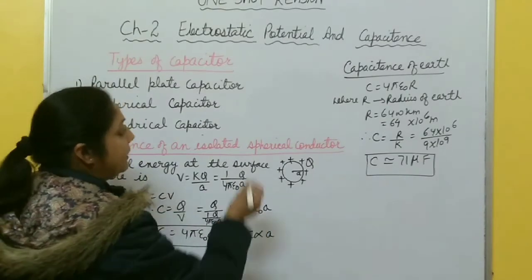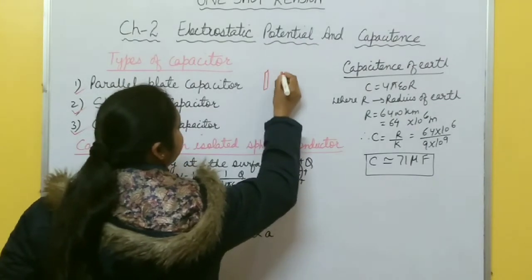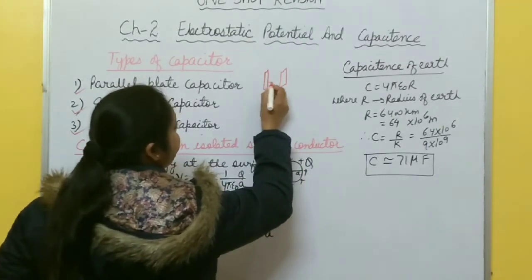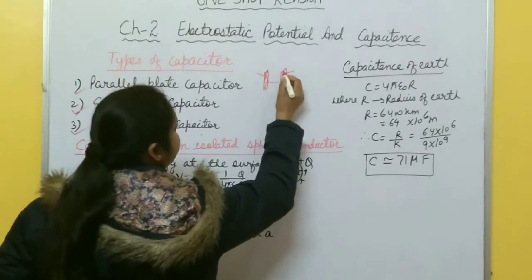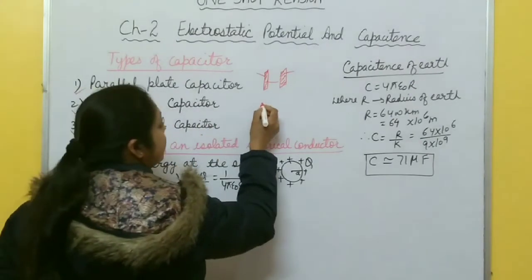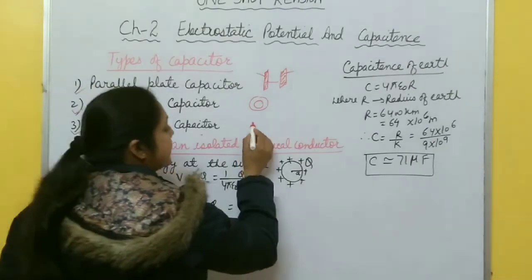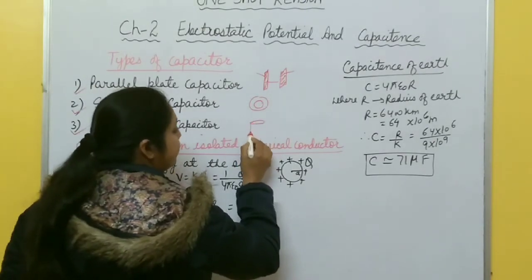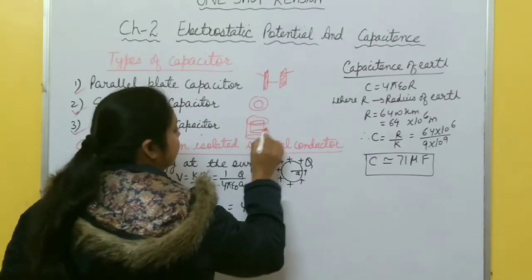In case of a parallel plate capacitor, two parallel plates are there separated by some distance. These two are parallel plates, right? And this one is a parallel plate capacitor. In case of a spherical capacitor, two spherical plates are there, right? In case of a cylindrical capacitor, there are two plates, but these are of cylindrical shape, like this one, okay?